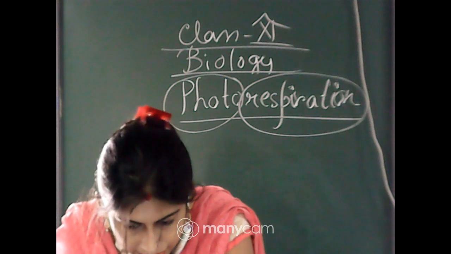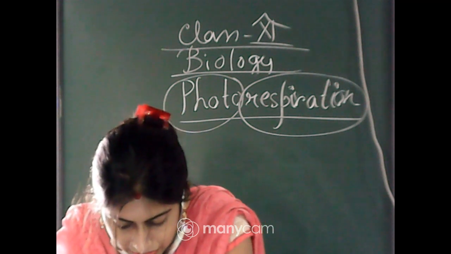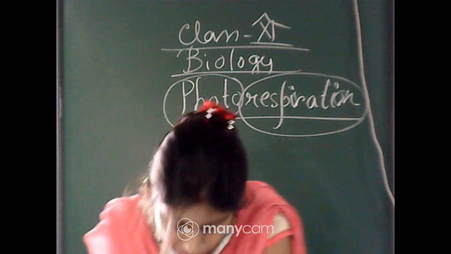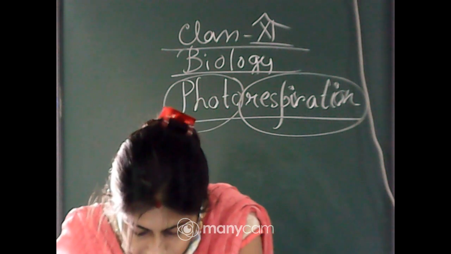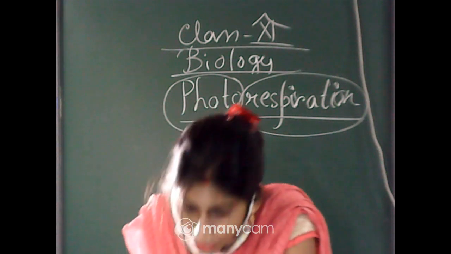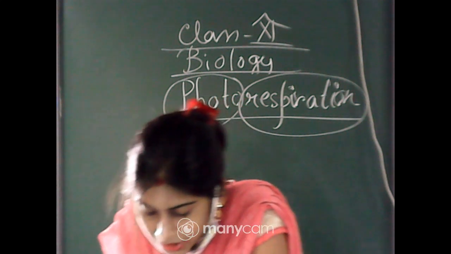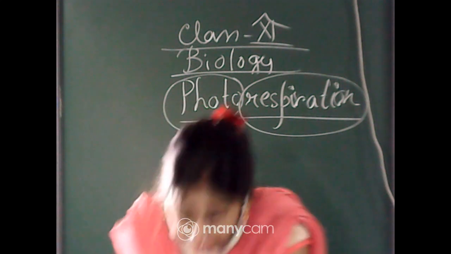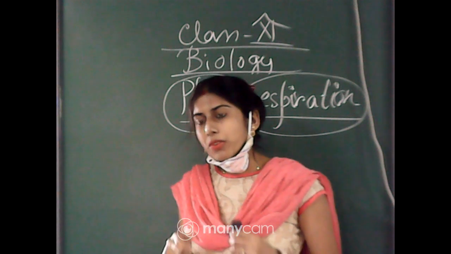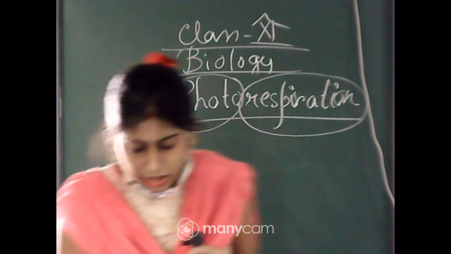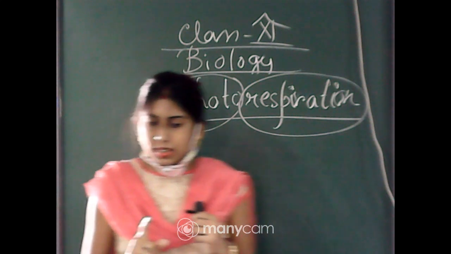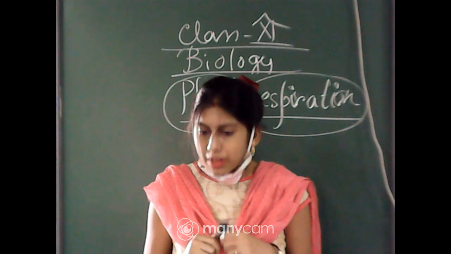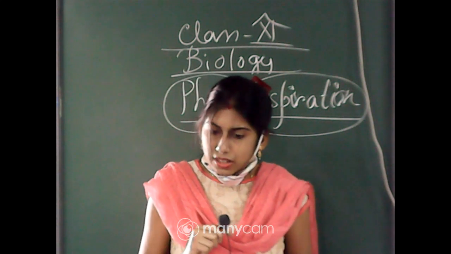Check it. You can find that in this particular reaction RUBP combines with carbon dioxide to form two molecules of 3-PGA, and the enzyme required for this reaction is Rubisco. Got it? I hope you can remember.